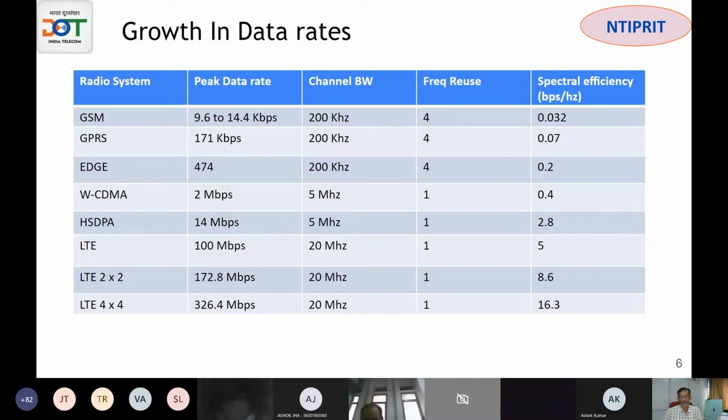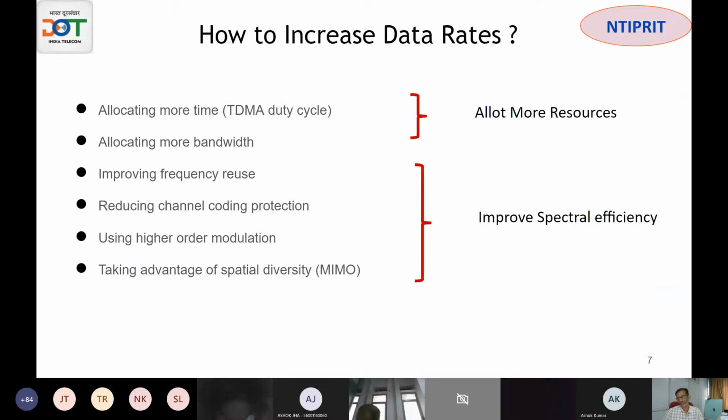Same thing with HSDPA, with LTE 2x2, and then you have got 4x4, and of course we can have 8x8 also. But by that time 5G is coming, so I don't think many deployments are there in the world beyond 4x4 for LTE. And 5G, I think it's around 30 bps per hertz. It has again doubled. So this kind of evolution is happening on the spectral efficiency side.